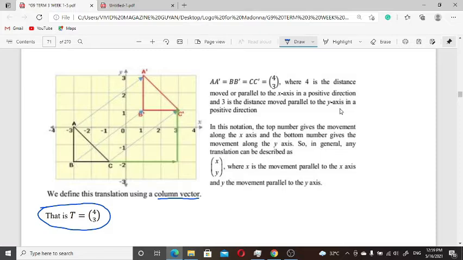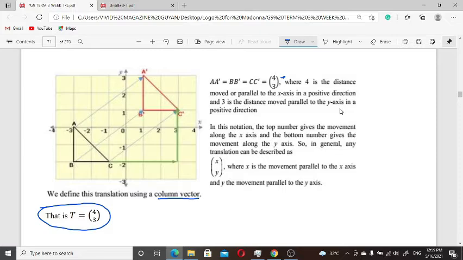So continuing from where I left off here, to understand, 4 is the distance moved parallel to the x-axis in a positive direction, and 3 is the distance moved parallel to the y-axis in a positive direction. In this notation, the top number gives the movement along the x-axis, and the bottom gives the movement along the y-axis.